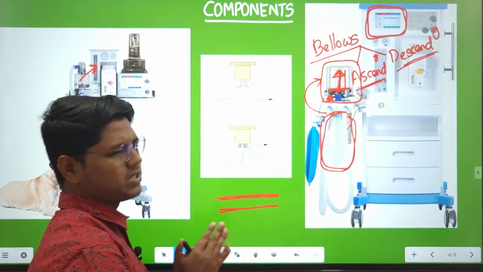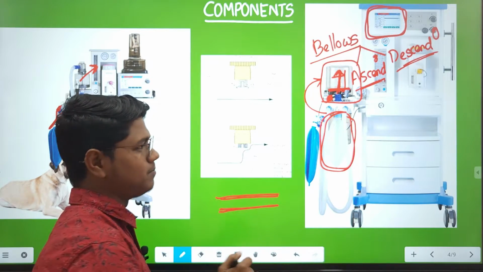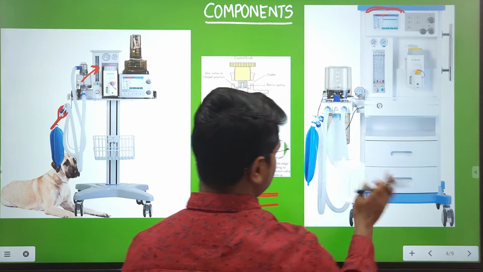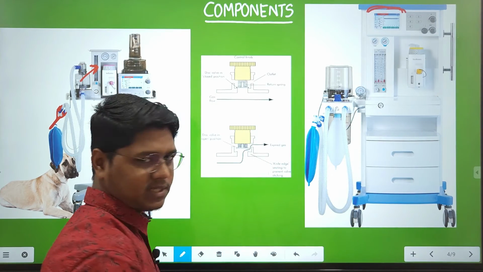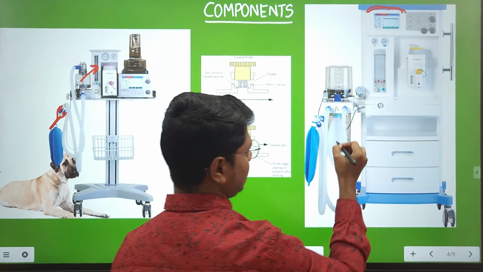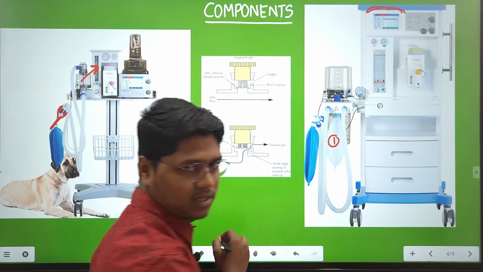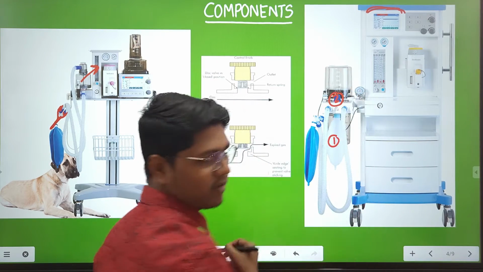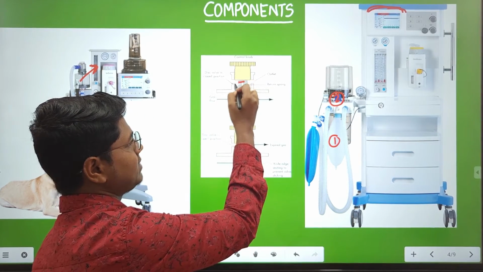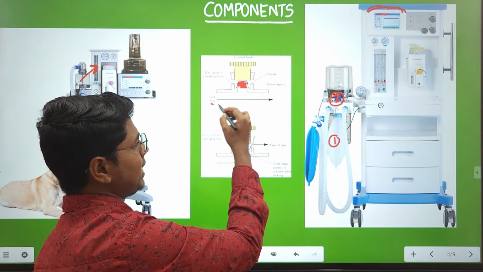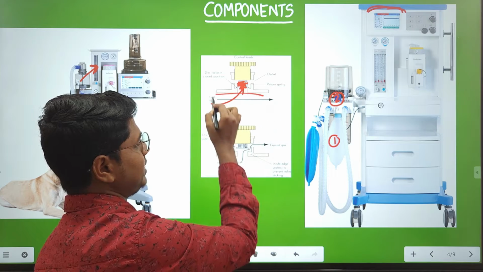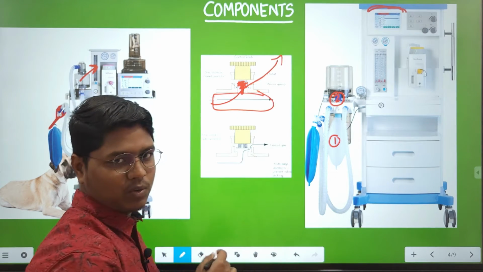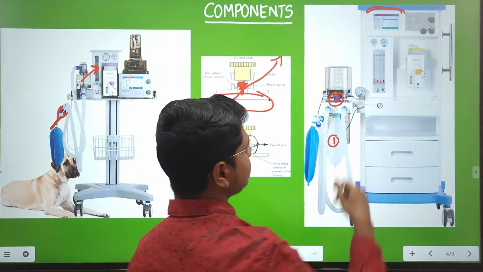We will not discuss this bellows much. We will mostly discuss the circuits. Now you have understood all the components. Another revision: this one is the reservoir bag. This one is the APL valve. In the APL valve you will find a spring system. When there is high pressure build up in this breathing circuit, it will open automatically and the air will go out and the pressure will decrease.